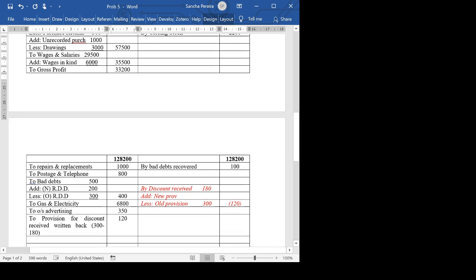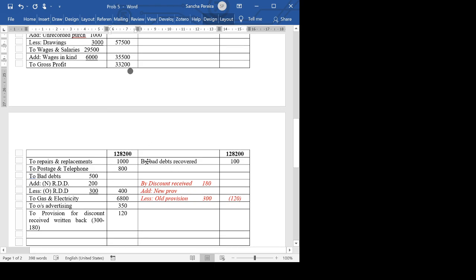Bring down the gross profit. Yeah, I write this down. Gross profit should always be the first item. To gross profit carried down, by gross profit brought down.